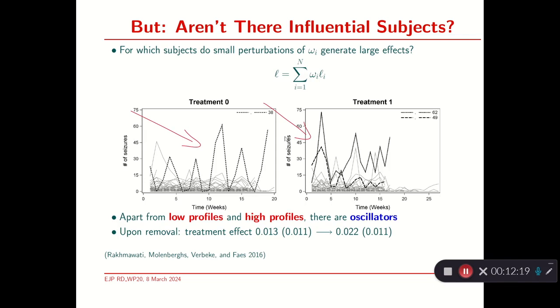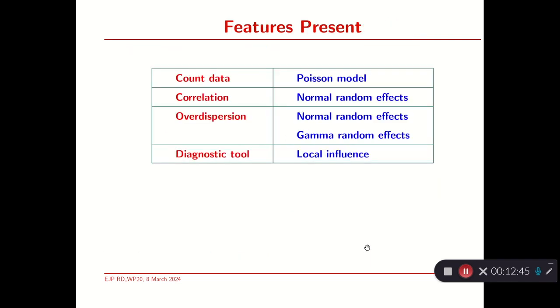So what happens if we remove these guys? The treatment effect, which was not significant before, becomes now just marginally significant. Are we saying, hooray, we finally found the treatment effect, we close the books? No, that's a bit too quick, but it just shows that these oscillators, these influential subjects, may have a fairly strong impact on the conclusions.